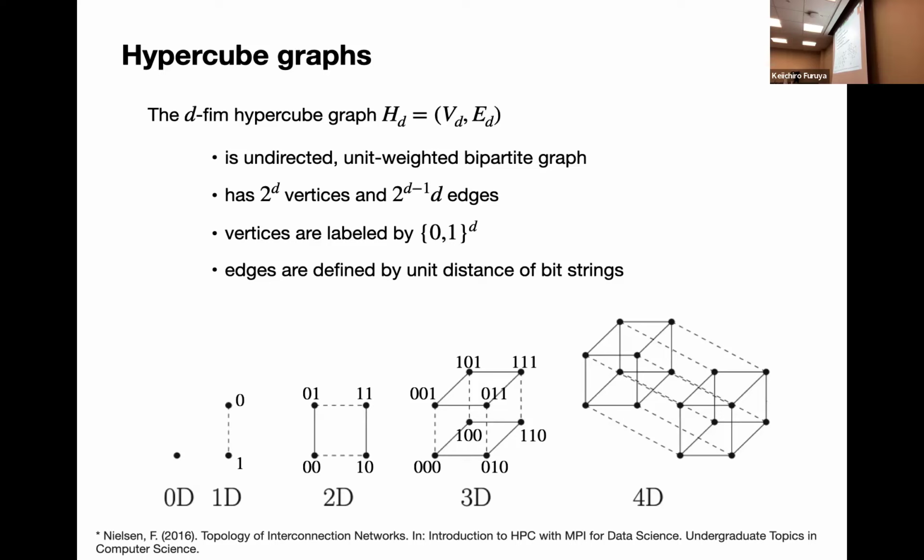I said that it is characterized by having no odd cycle, but it means you can always divide the vertices into two: this is one set and this is another set, and there is no connection between vertices within one set. When the graph is bipartite, the edge always goes across like this.